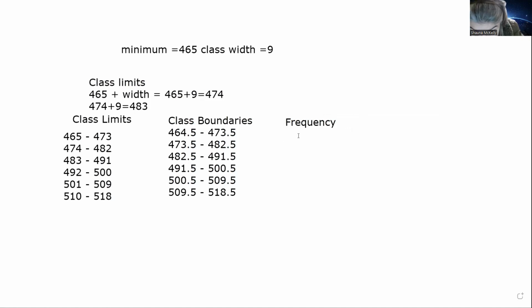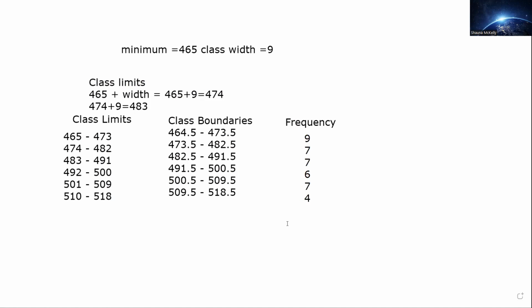Now, I did that before starting this video, so I can tell you that the frequencies are as follows: 9, then 7, 7, 6, 7, and 4. Okay. So there's my data.